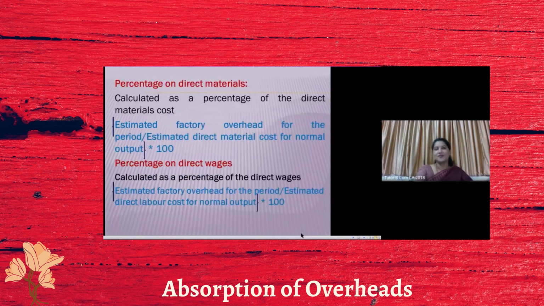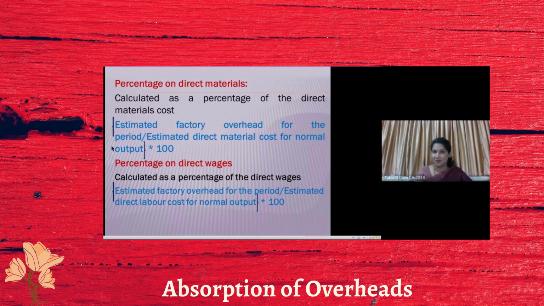Okay. So the first one, percentage on direct materials method. In that, the absorption is based on percentage of direct material cost. As such, the formula would be estimated factory overhead for the normal period, divided by estimated direct material cost for normal output, the whole into 100.